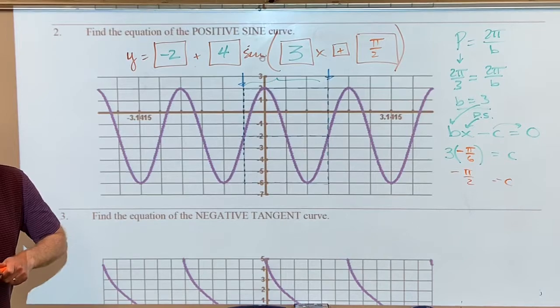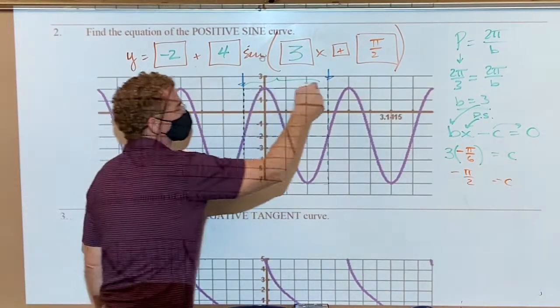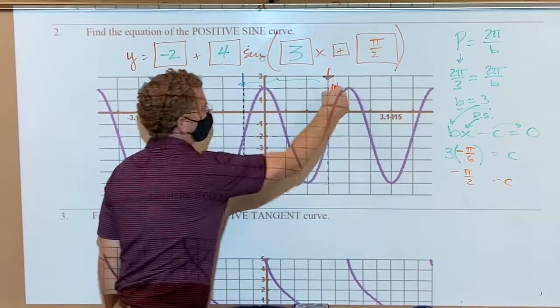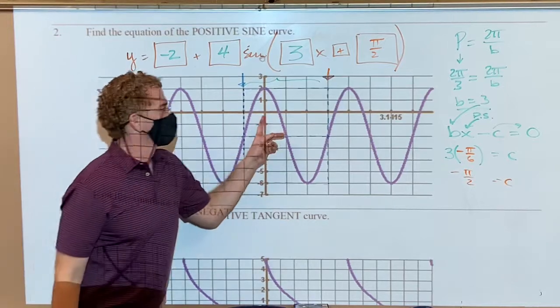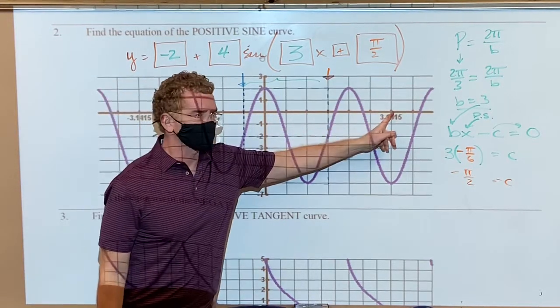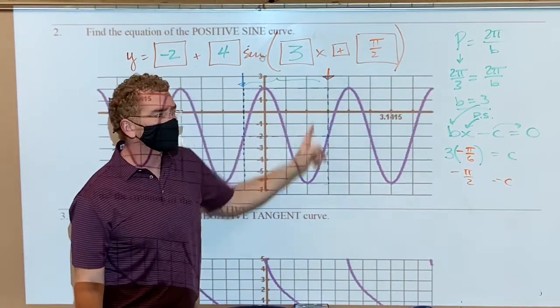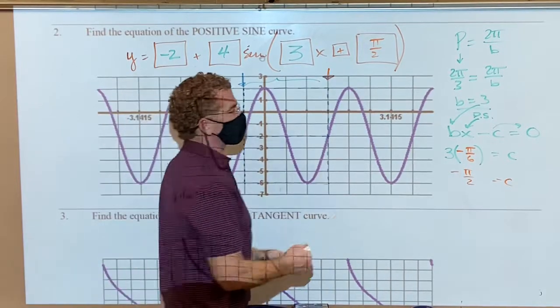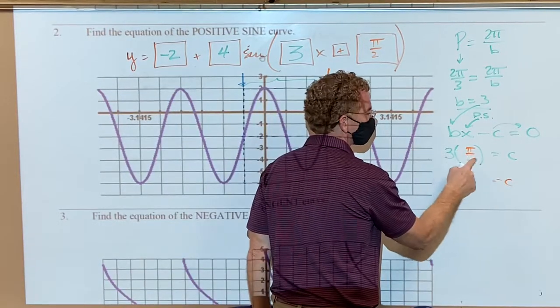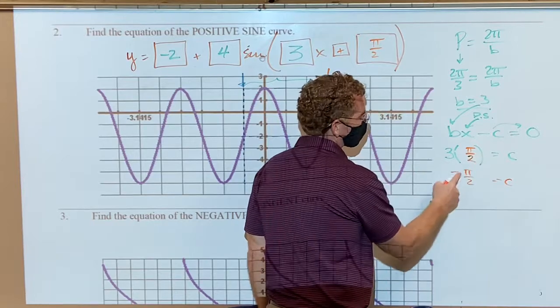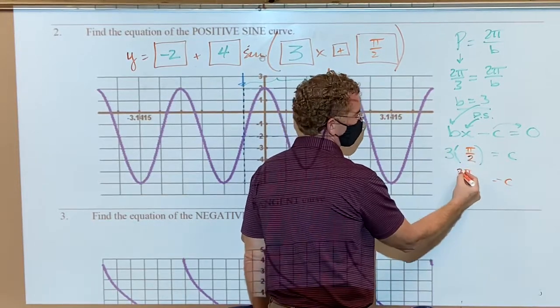Y'all see that? Now, what if you used this one? What does that represent? That's 3/6 of the way to pi, so that's a positive pi over 2. Well, if I used a positive pi over 2 in here, that leaves me with a positive 3 pi over 2.